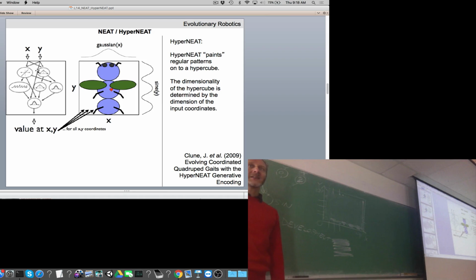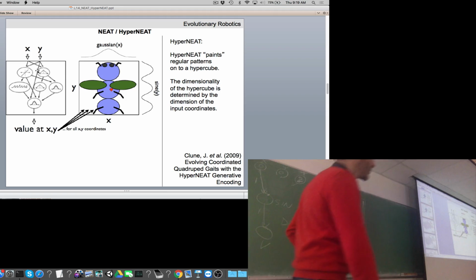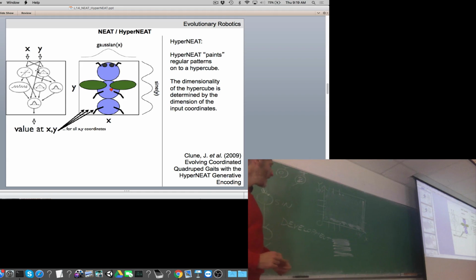We're now painting, again, a regular pattern in 3 dimensions. 2 of the dimensions are space, and 1 of the dimensions is time. Right? So HyperNEAT is now used in a lot of different domains because you can evolve regular patterns in arbitrary dimensional space and also things that change over time.